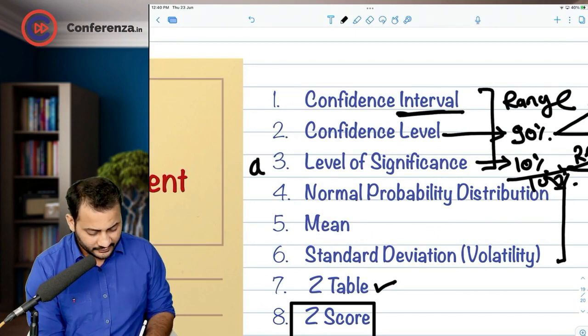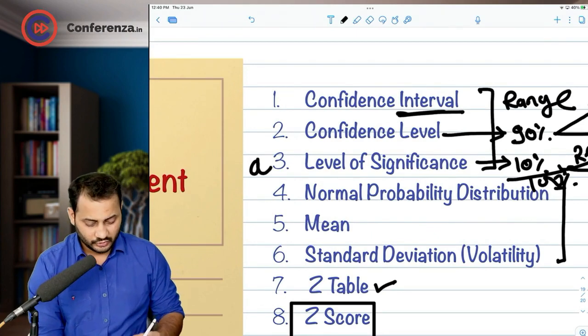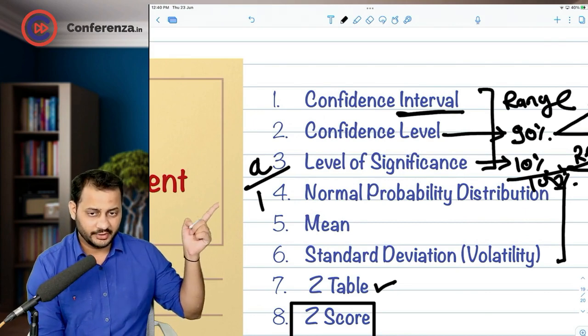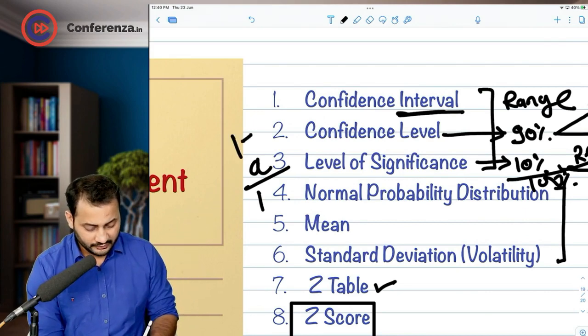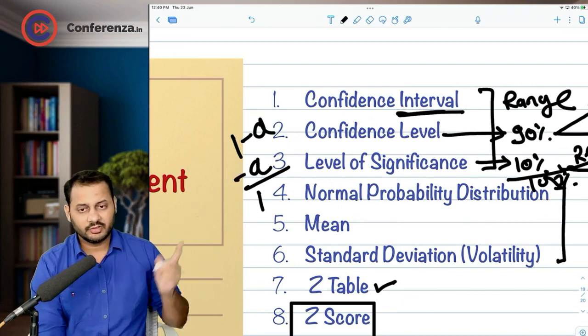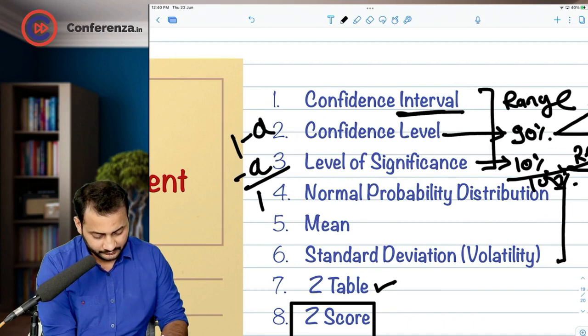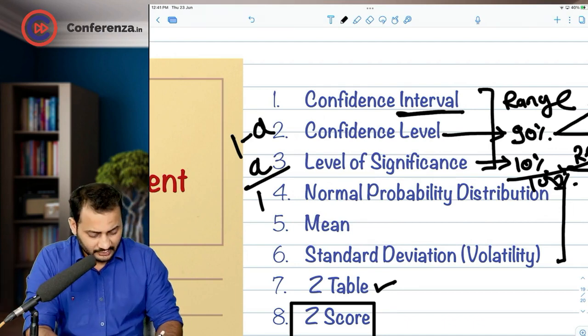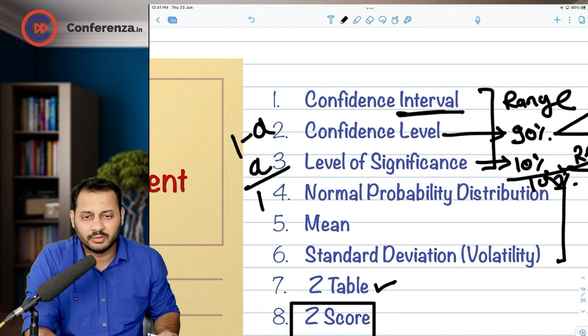Also, the level of significance is denoted by alpha. So how will you denote the confidence level? The total should be 1, since 100% means 1. So the confidence level will be denoted by 1 minus alpha. Confidence level plus alpha gives you 1, the total of both. That is for statistical purposes only.